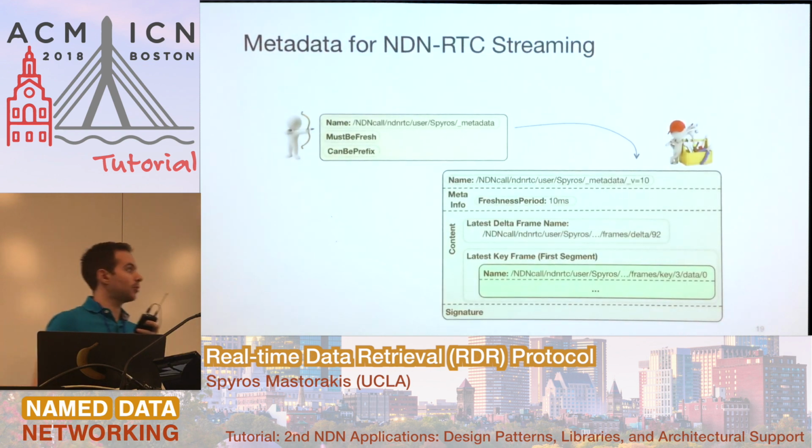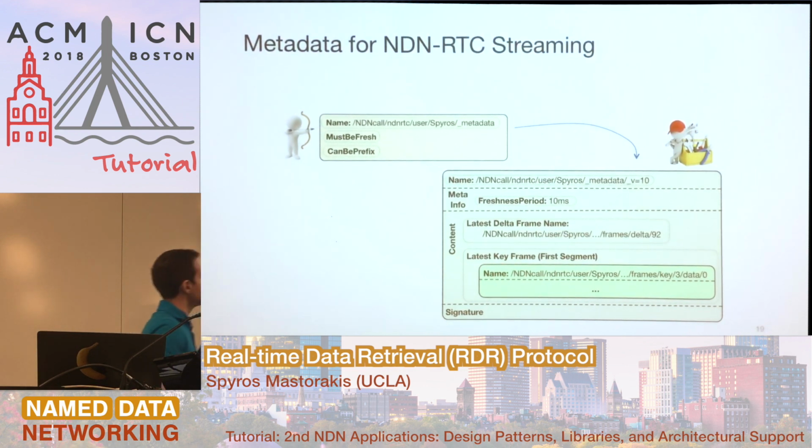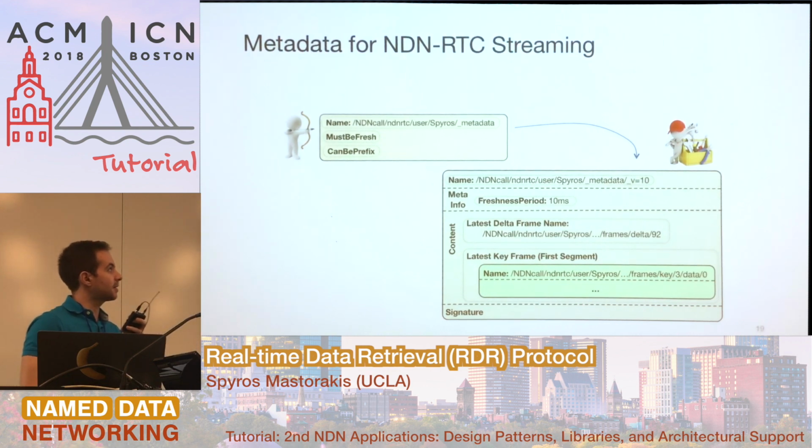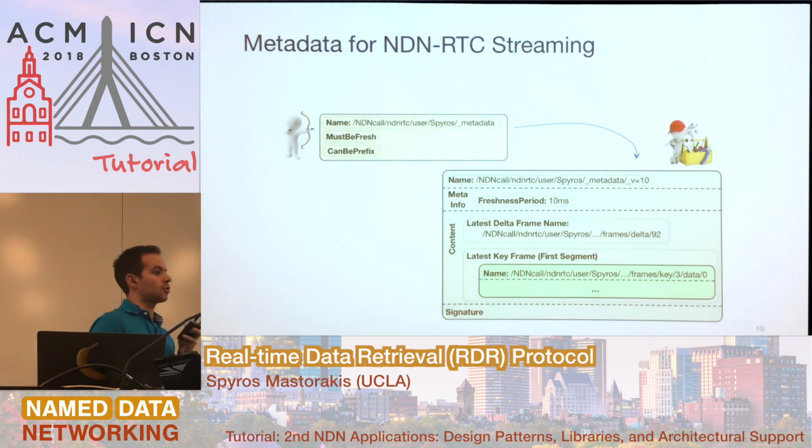So let's see an example. We tried to apply that. Our first use case was NDN RTC streaming. You can see on the left the consumer that is sending an interest for the metadata for an NDN RTC session. This interest will reach the producer, and the producer will send back its metadata.